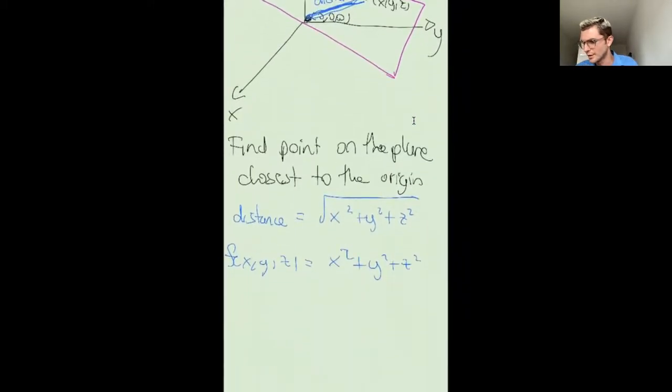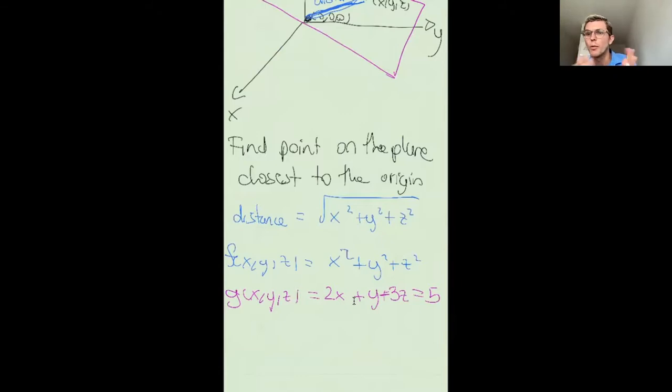So there's this constraint function, which is 2x plus y plus 3z equals 5. Okay, is that making sense? And so if you're trying to make f as big or small as possible, you just have to take into account the fact that x, y, and z are not independent variables.